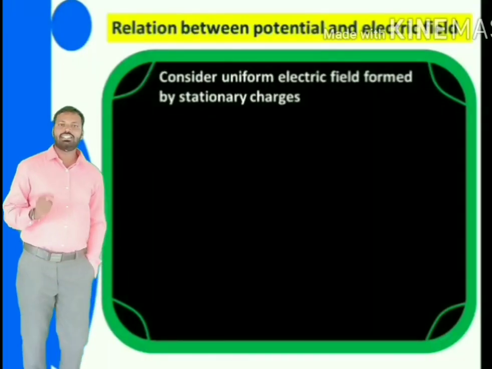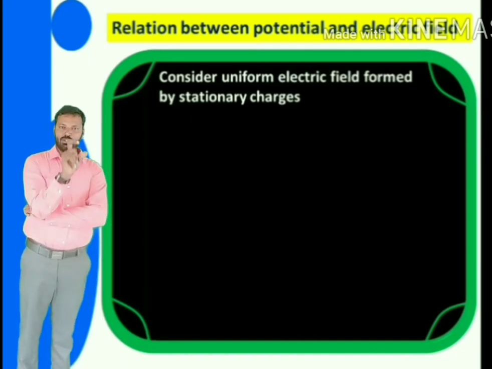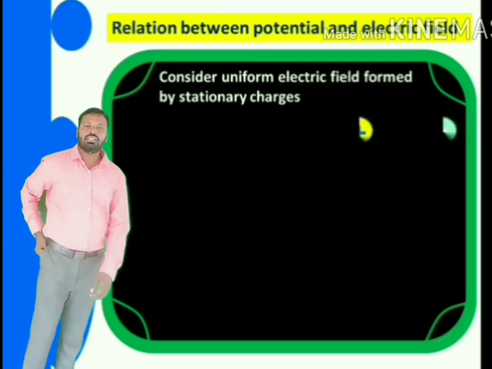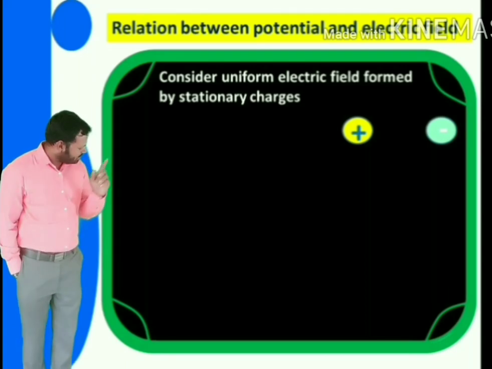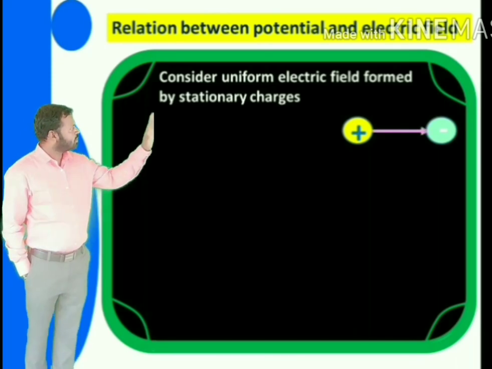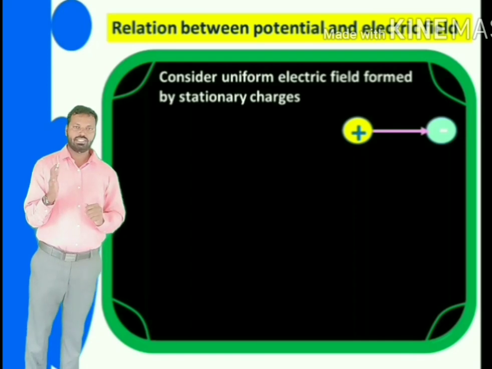Now, the relation between potential and electric field. Consider a uniform electric field which is formed by stationary charges. To understand this one, see here, there is a plus and a minus charge situated at these points. Now the electric field formed between these 2 points is shown in this direction, plus to minus.